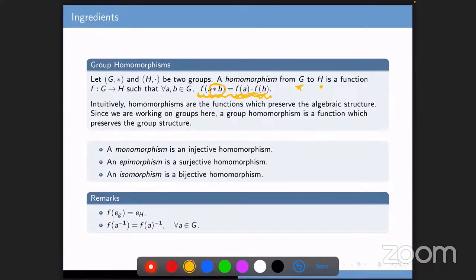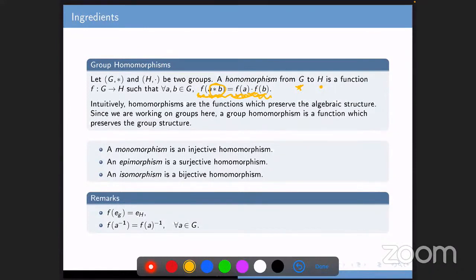A group homomorphism, because if you have modules, if we make sure that it preserves every operation on it, scalar multiplication and the operation of the module, it is going to be a module homomorphism, and ring homomorphism and so on. This one is a group homomorphism. Intuitively, homomorphisms in general are the functions which preserve the algebraic structure.